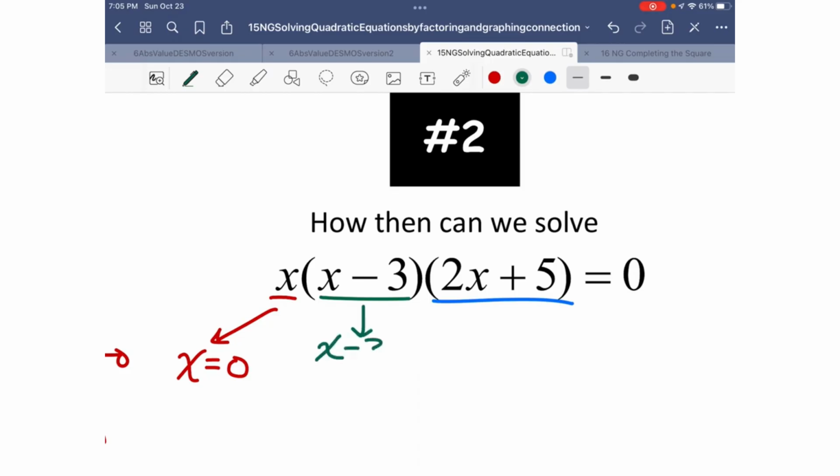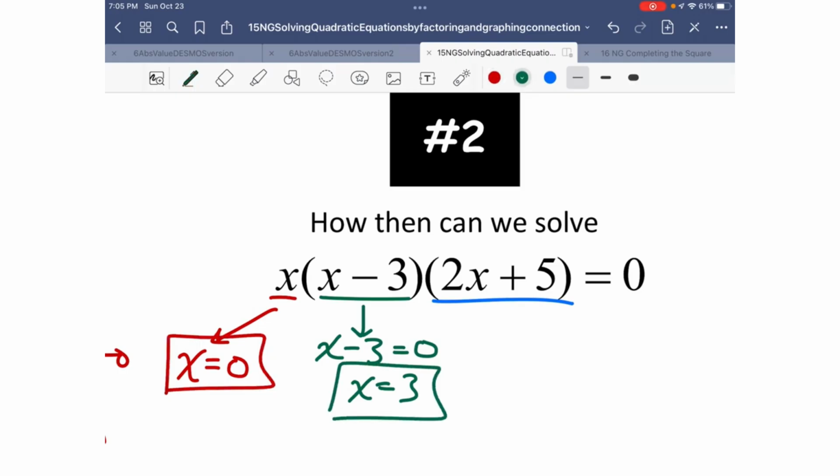That sounds like an answer. How about this? x minus 3 has to equal 0. I have to solve it. I would add 3 to both sides, or better yet, just know that x equals 3. That sounds like another answer.